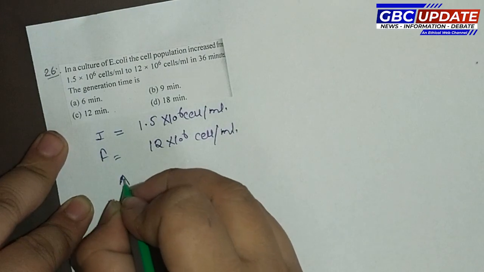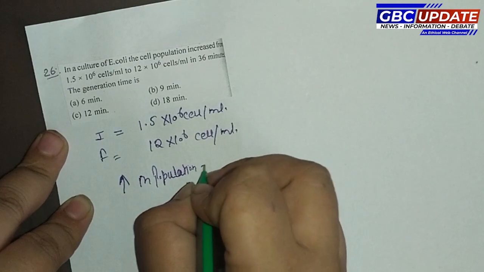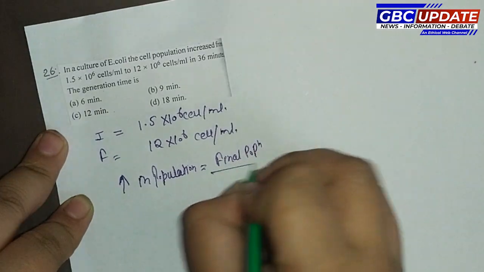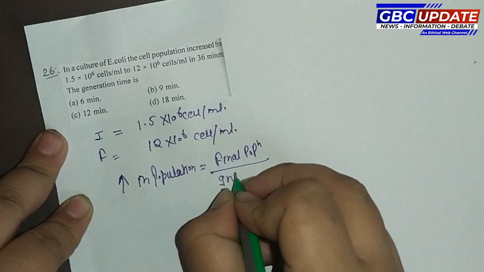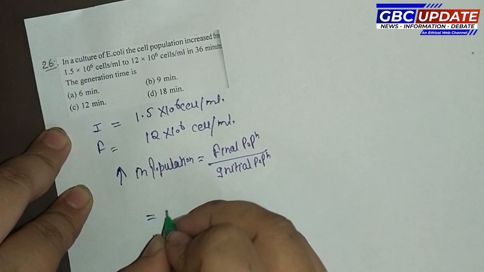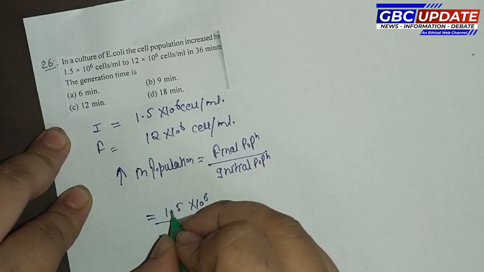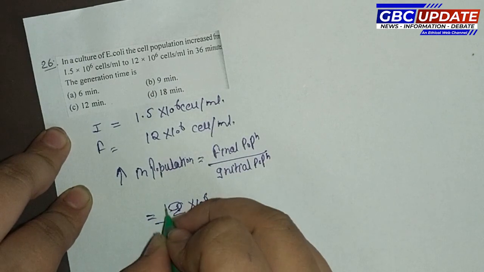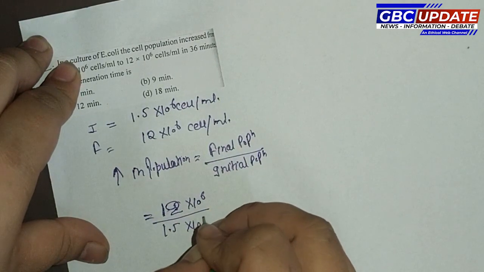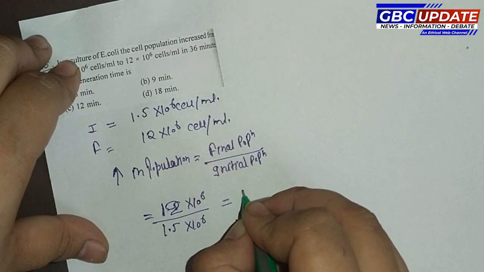So we have to find the increase in population, which is the final population divided by the initial population, which is 12 into 10 raised to power 6 divided by 1.5 into 10 raised to power 6. So the answer will be 8.